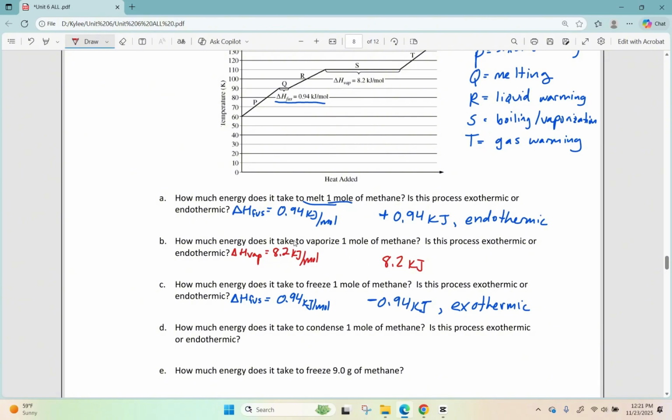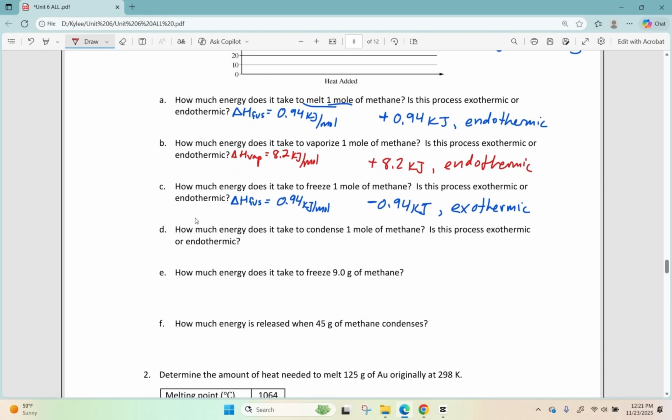And this is to vaporize, which means that I need to change it from a liquid to a gas. That's going to require energy, so energy needs to go into the system, which is why this is endothermic.